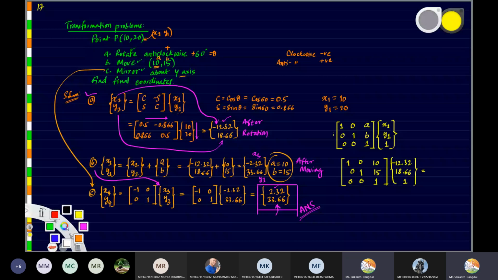What do we get when you multiply this? Once again, we have to take it this side and multiply and add these values. So do it. What do we get? 1 into minus 12.32 plus 0 into this value and plus 10 into this.